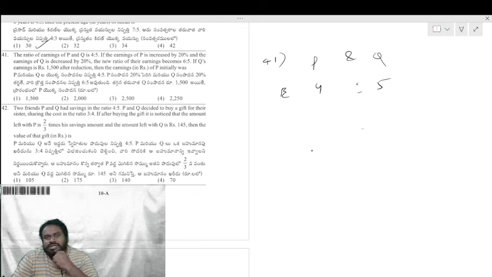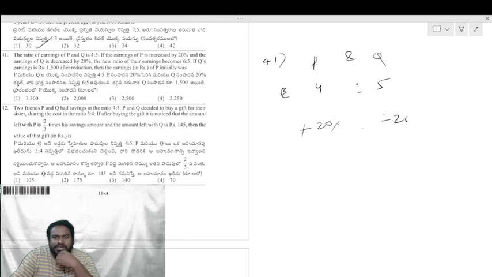So P increases plus 20, Q decreases minus 20. The new ratio of the earnings becomes 6 is to 5. Q's earning is rupees 1500 after reduction. The earnings of P initially was.